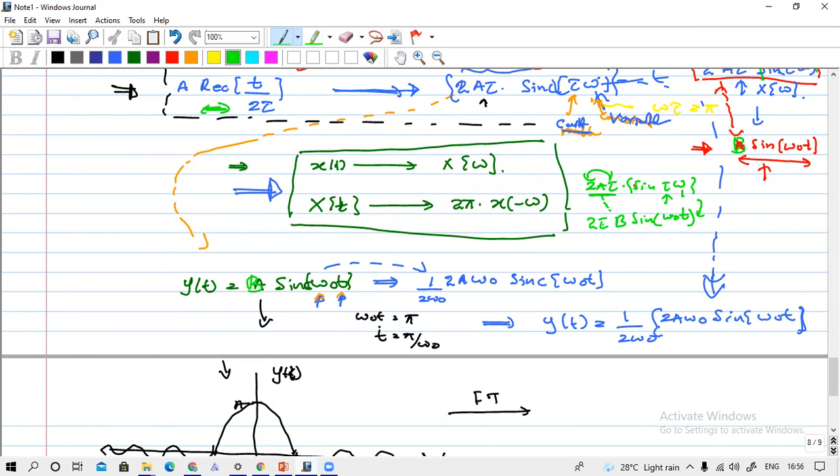Identical to tau here we have omega naught, so I put omega naught here. So we have an additional 2 omega naught, which is not in the given signal. We only have b sinc omega naught t, with no 2 omega naught. So to get our original signal, I have to divide by 2 omega naught. Then I have the signal identical to this one. Did you get the point?